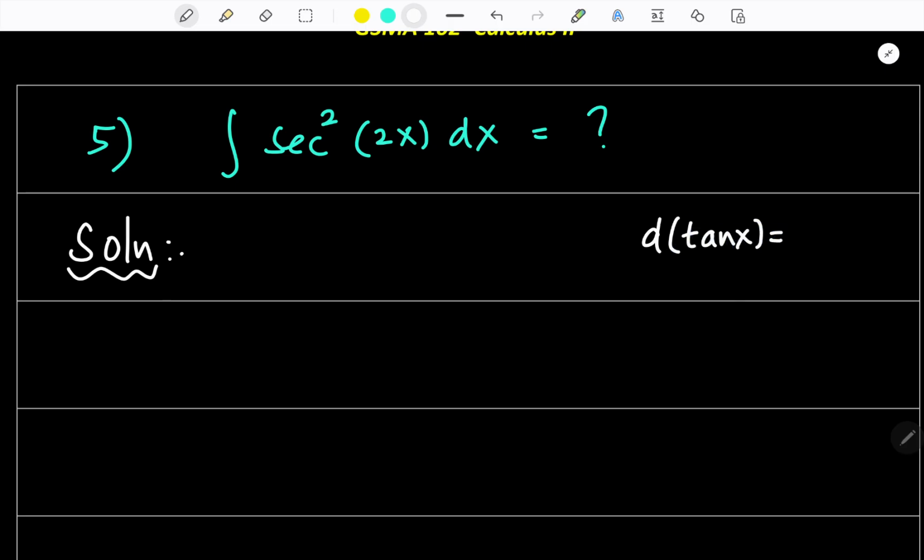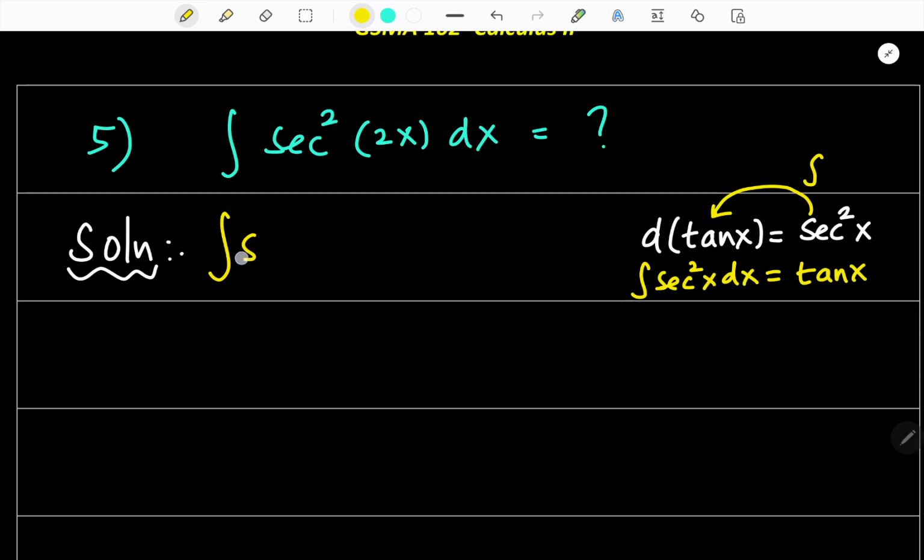Again I'm saying derivative: the derivative of tan x is secant square x. Now, the integral of secant square x is tan x. So the rule is integral secant square x dx is equal to tan x plus integrating constant c.